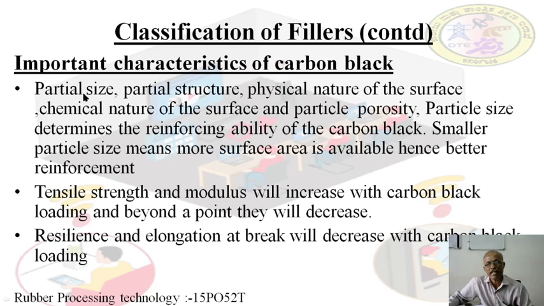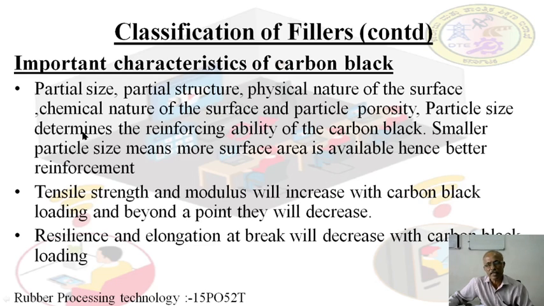The first one is particle size, particle structure, physical nature of the surface, fourth one chemical nature of the surface, and fifth one is particle porosity. So these are the 5 important major properties of carbon black.